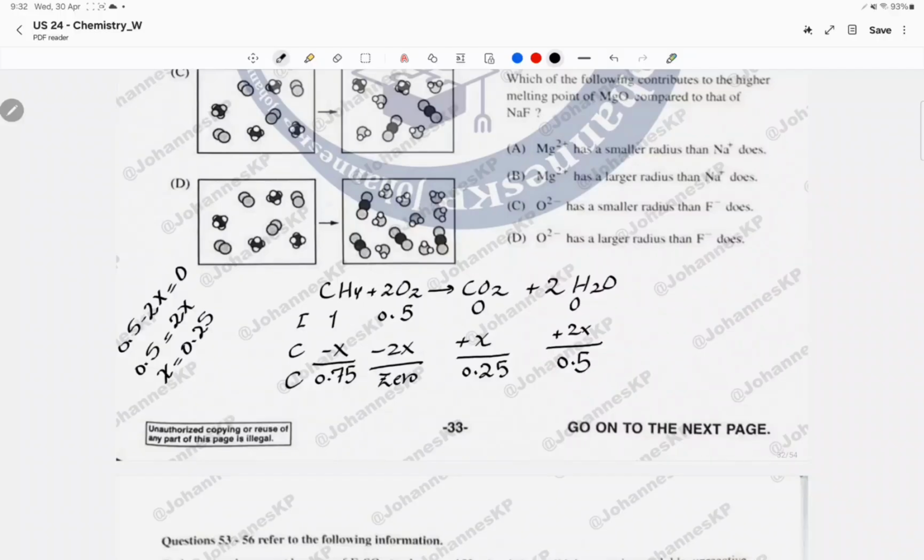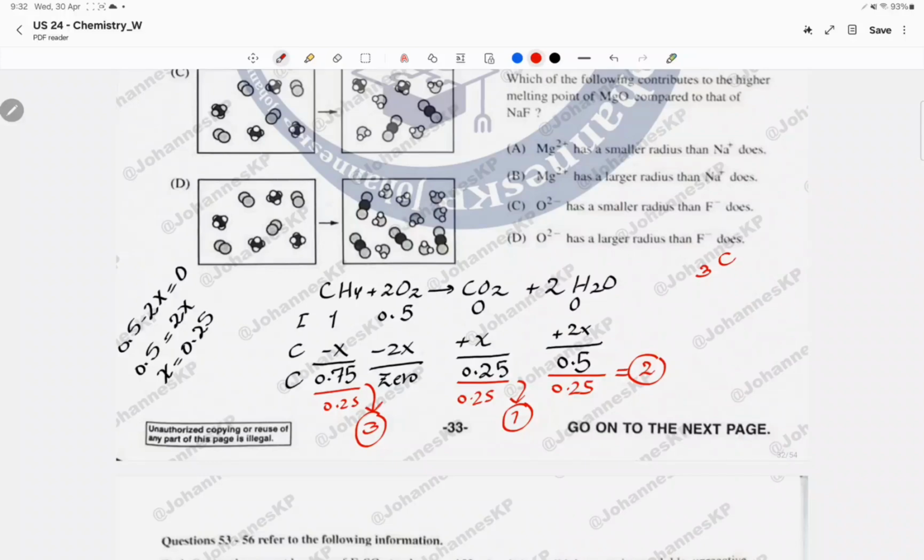So essentially now, right, if I divide everything here by 0.25, which is the least, I will get a 3 for CH4, a 1 for CO2, and a 2 for water. Meaning what?